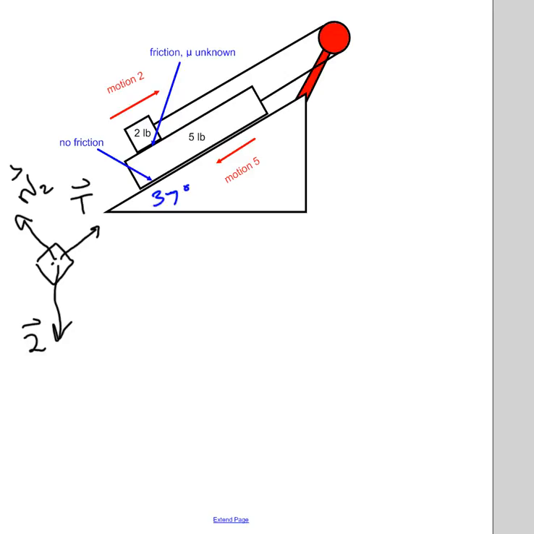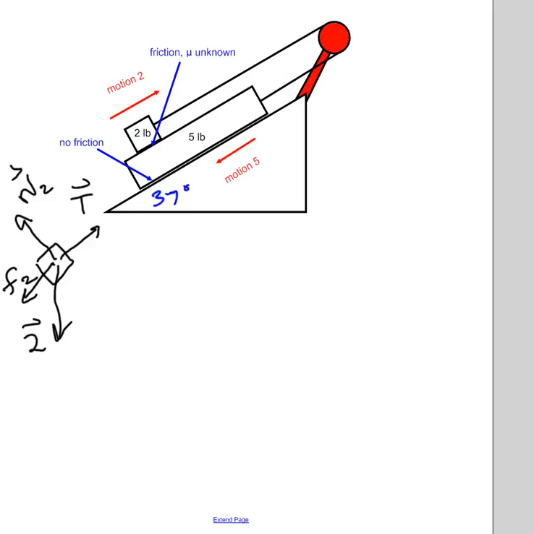The 5-pound object is exerting a contact force like this. Also, there is a frictional force, F2. F2 is the frictional force exerted by the surface of the 5-pound object on the surface of the 2-pound object.